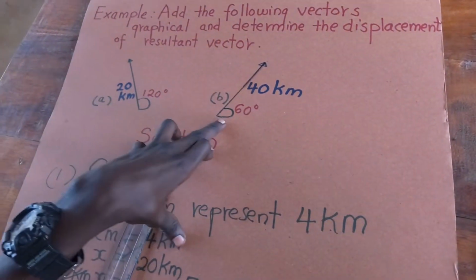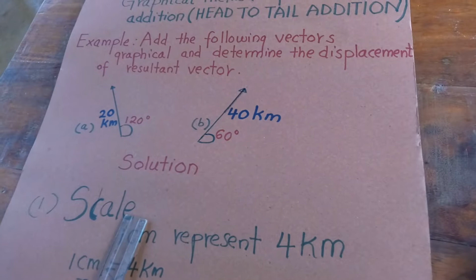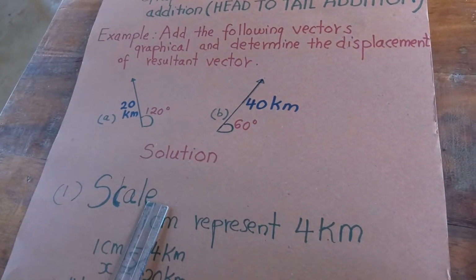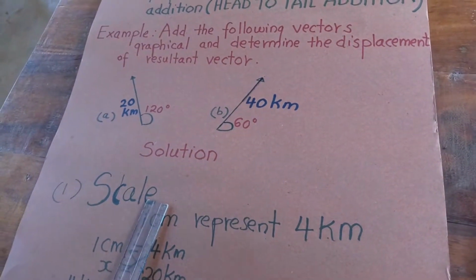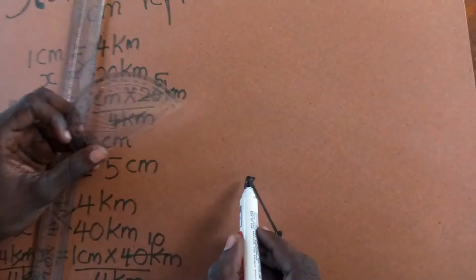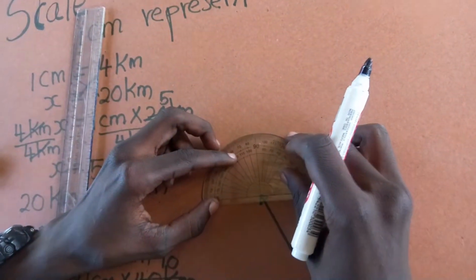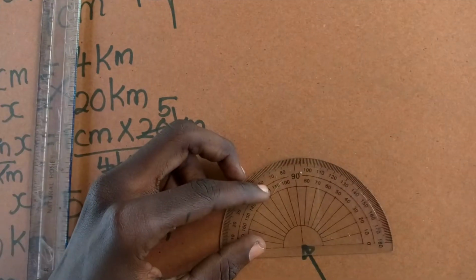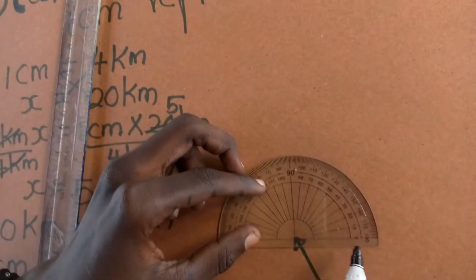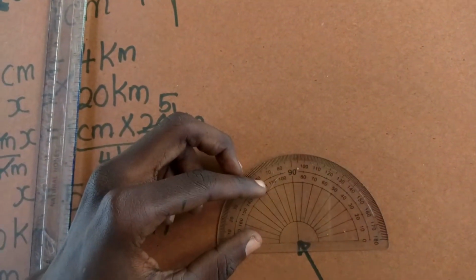As you can see, this is vector B. So you're supposed to use a protractor to measure angle 60, starting from the head of the first vector. Angle 60 is this one: 0, 10, 20, 30, 40, 50, 60.